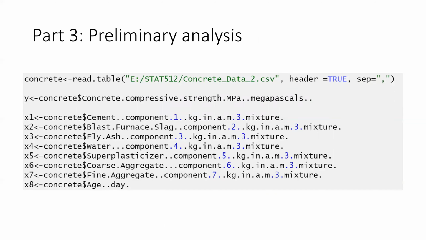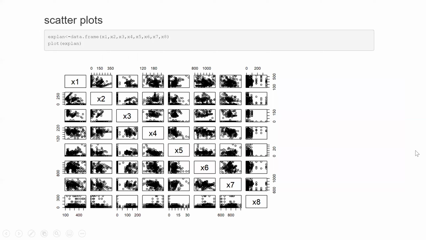So in the third part, I will perform some preliminary analysis. First, I will introduce the dataset, the CSV file, to the R Markdown. And here is how I write the code. And here, I first do scatter plots.